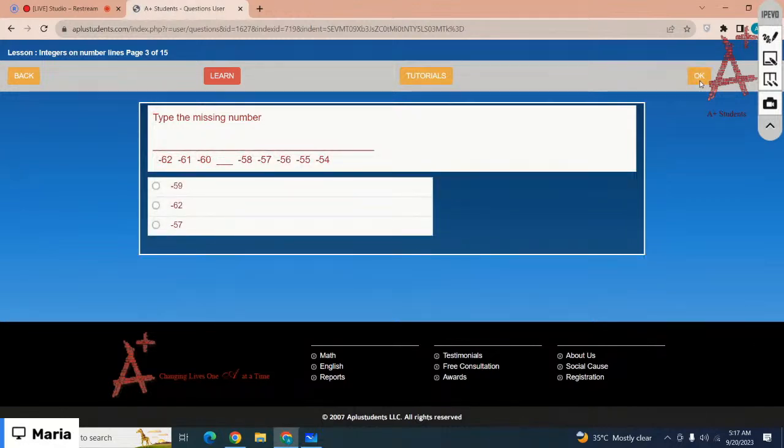Type the missing number. So which is the missing number between negative 58 and negative 60? The missing number is negative 59, right?